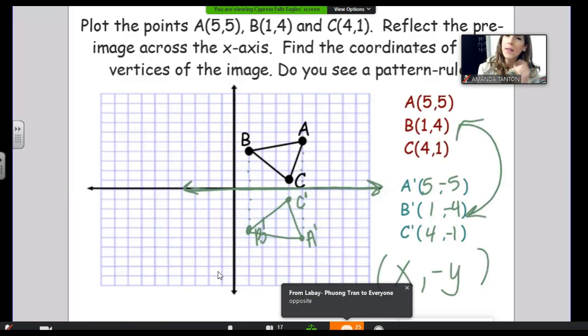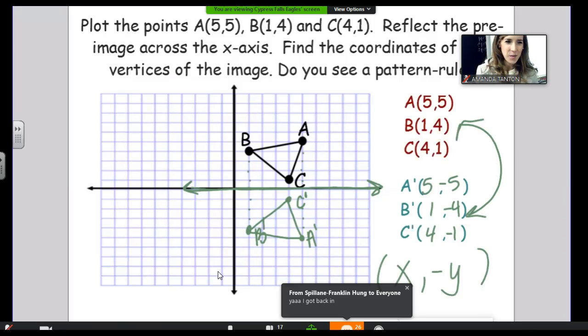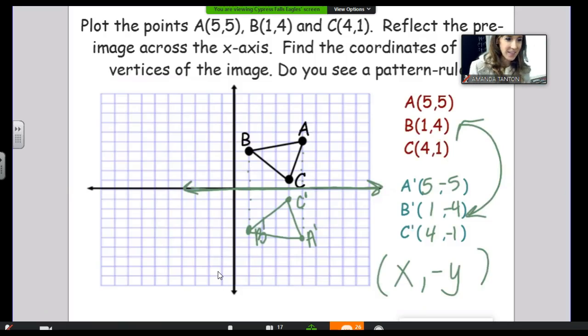So what did we reflect over in this problem? What did we reflect over? X-axis. Yeah, we reflect over the x-axis and we change the y value, right? So when you reflect over the x, you change the y. Go ahead and write these rules down.